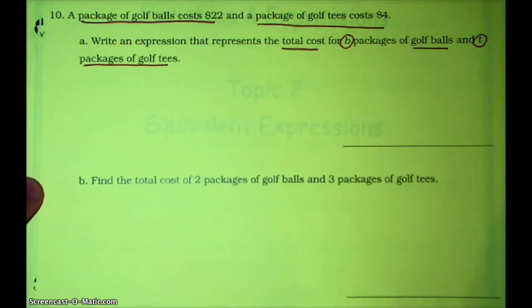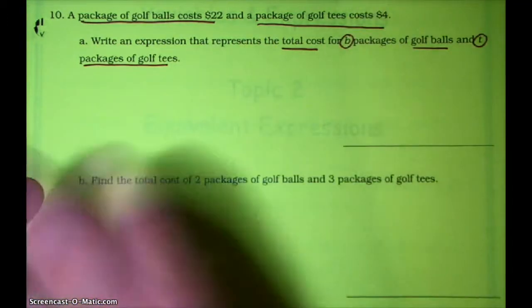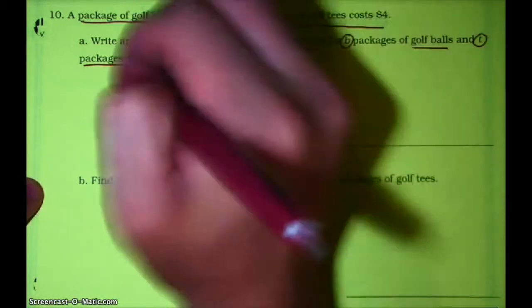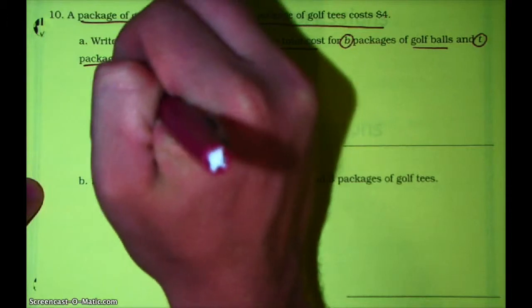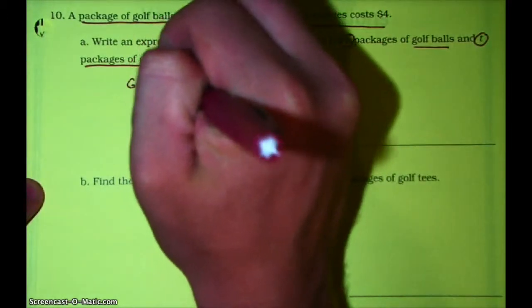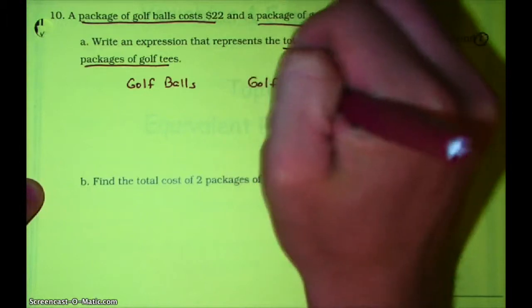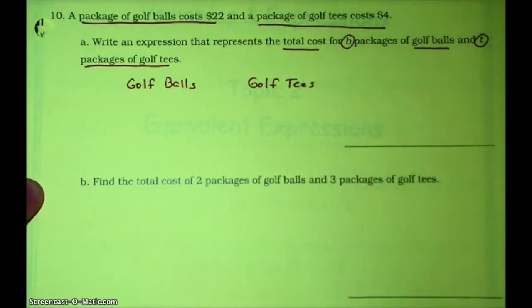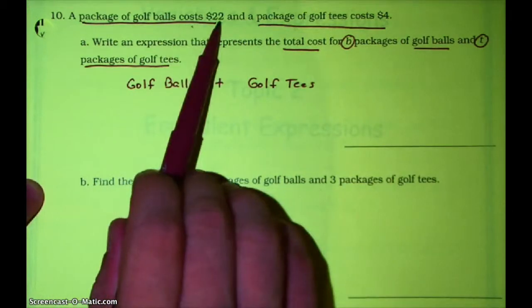Okay, so remember, when we find a total cost of anything, we'll take our 2 things that we're buying and add them together. So in this case, we're buying golf balls, and we are then going to also buy golf tees. And so what we'll do is take the prices of those things and eventually add them together. So the price of golf balls, it says the golf balls cost $22.